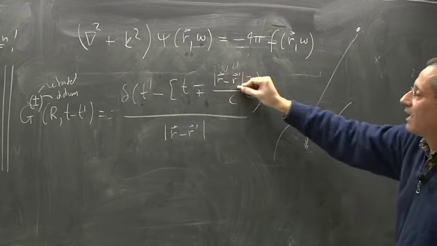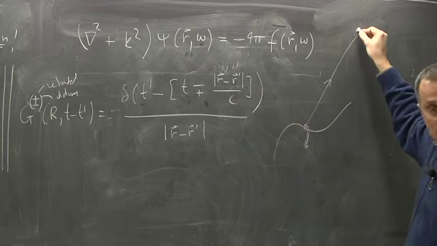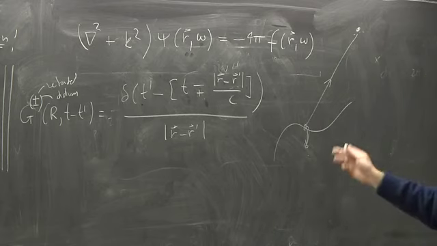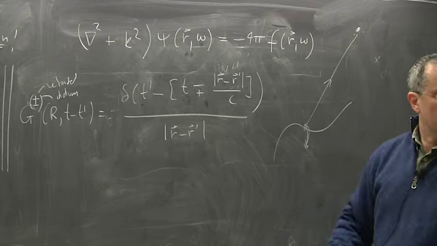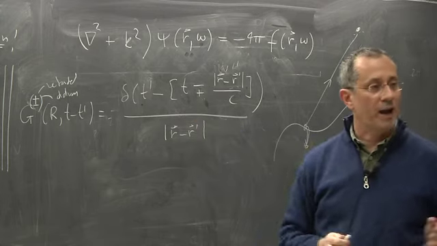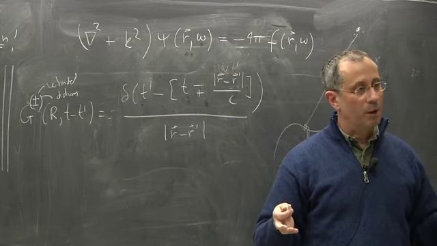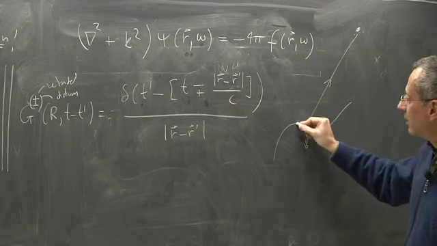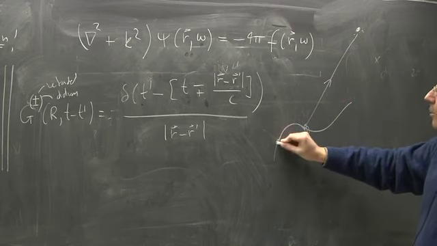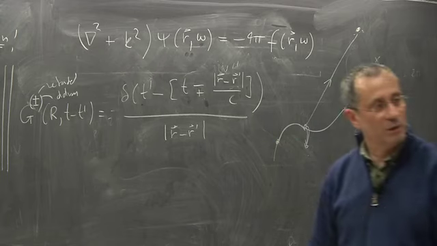But it takes a time, plus or minus depending, say, the distance. You see, this r minus r prime divided by c is the time it takes light from here to reach you. So until that information reaches you, you don't know about the fact that the charge has gone left. So that's why it's called retarded. So your green function is exactly like the green function for the static problem, but what you see is the position of the charge at the retarded time, because you only know about the charge after light has reached you. You see how beautiful it is?